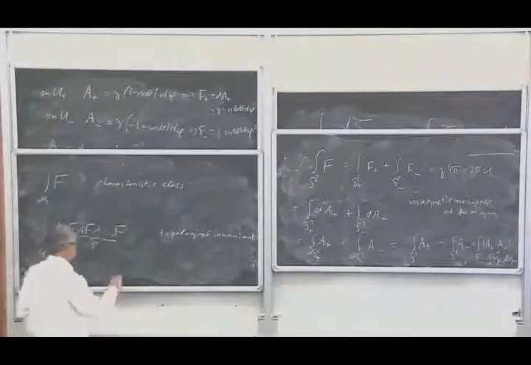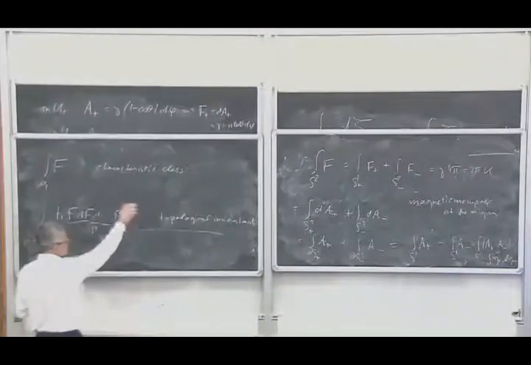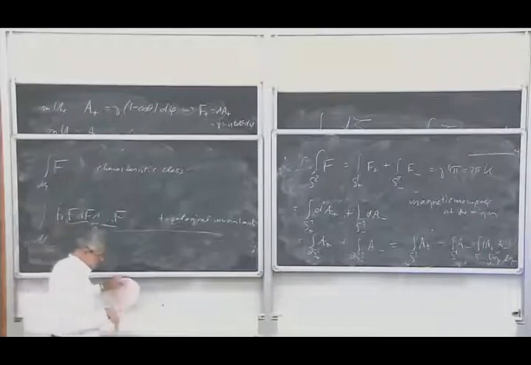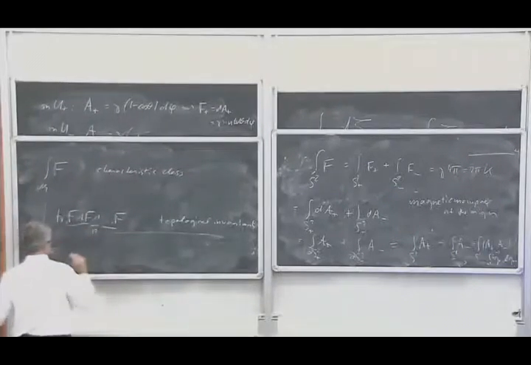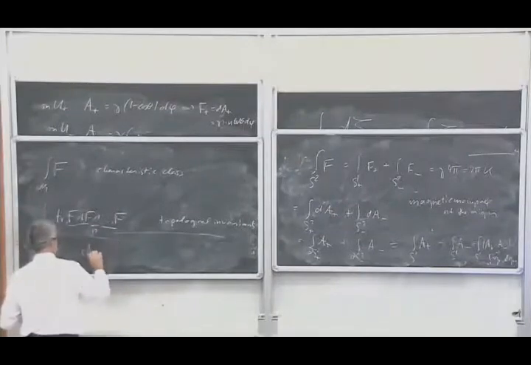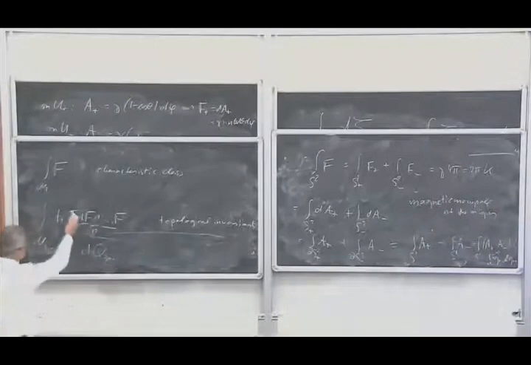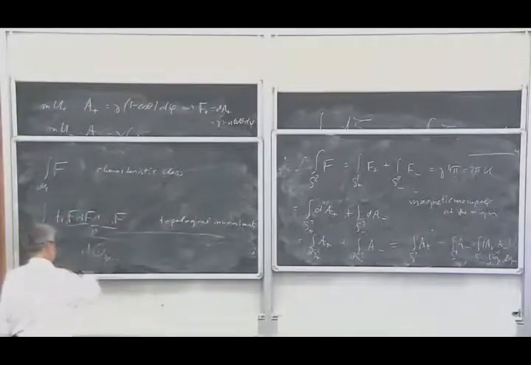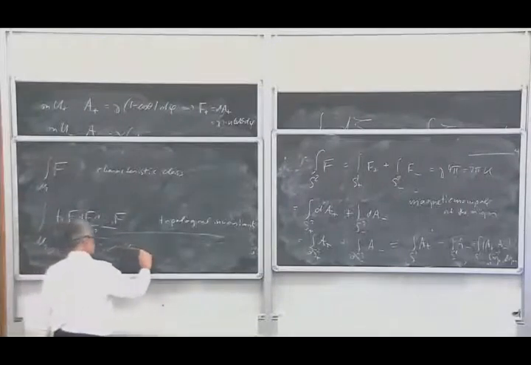So let me just give you a preview. These things are closed forms, but locally these things are given by d of something, some 2p minus 1 form, and although these things are gauge invariant, these 2p minus 1 forms will not be. So these are called the Chern-Simons forms.